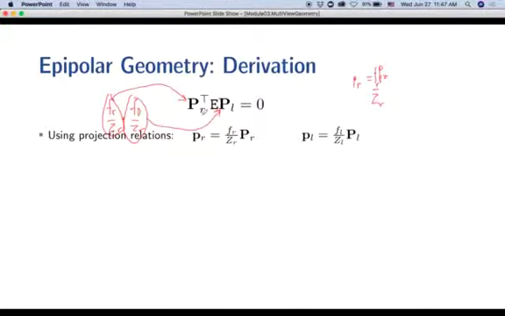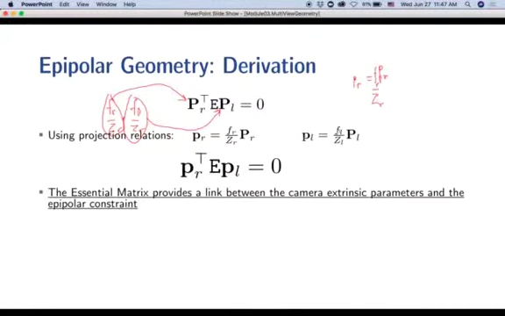So PR is FR over ZR times cap PR, and PL is FL over ZL times cap PL, and so I get this equation in the image points. The points in the left image and the right image are related by this constraint.